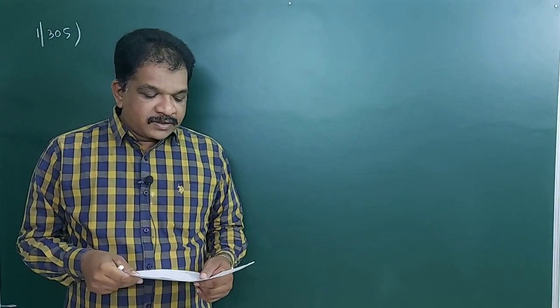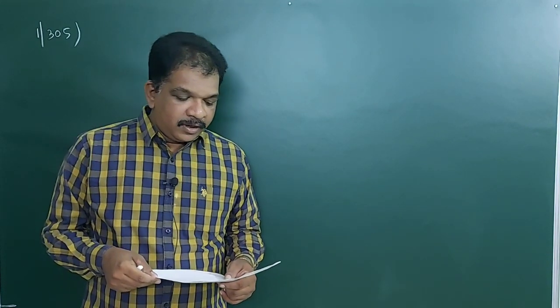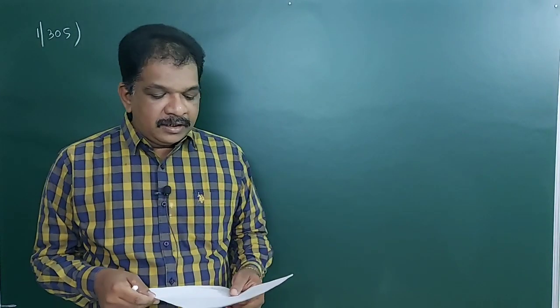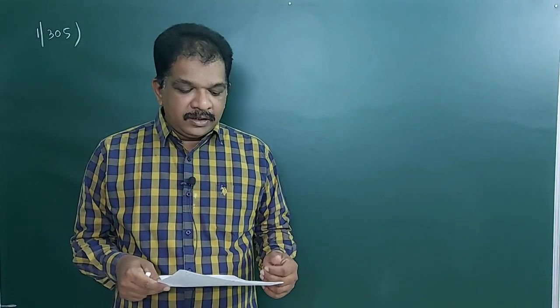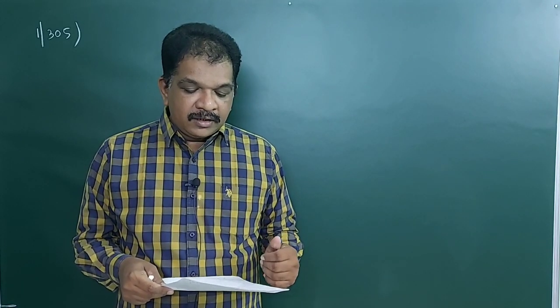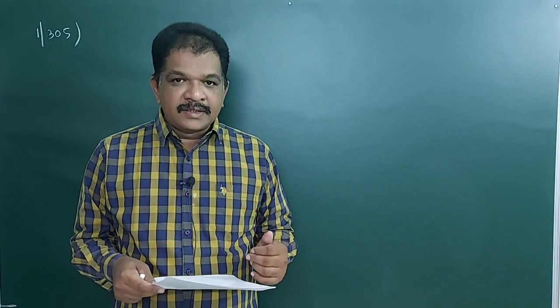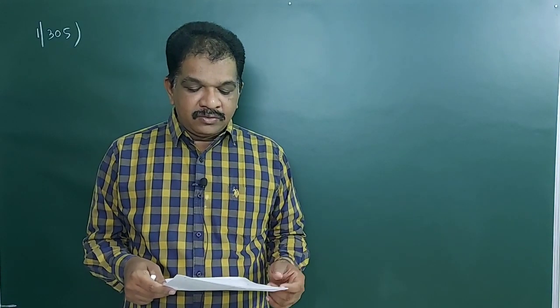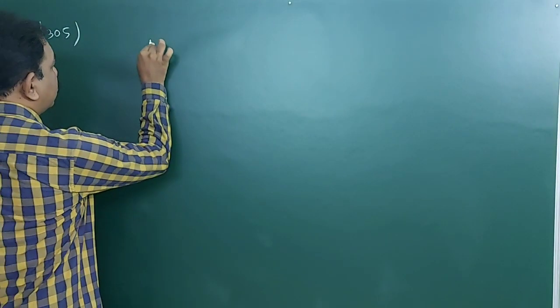Okay. See the first question, what they are asking. y = 0.01 sin πt describes the motion of a body executing SHM. Calculate the period and amplitude of the motion. What is the displacement at t = 0.1 second?